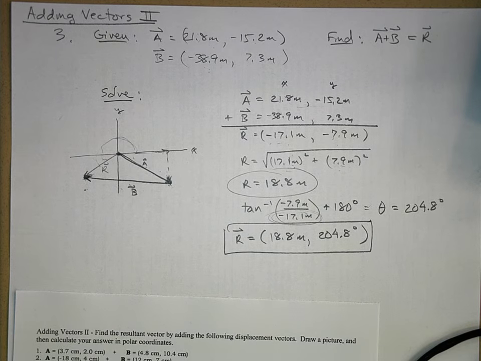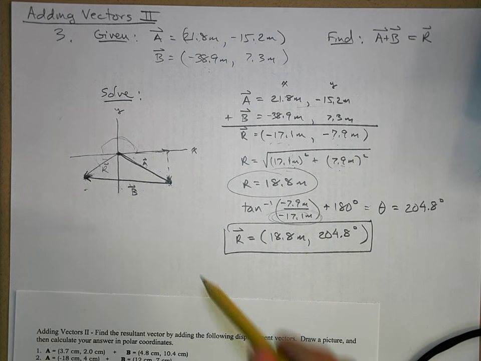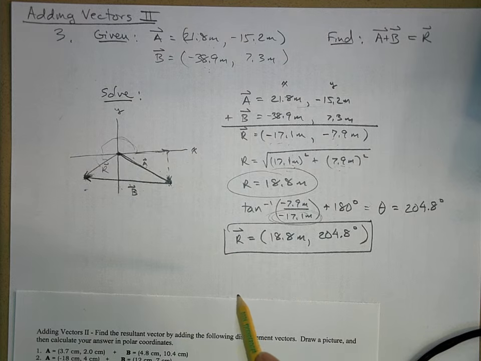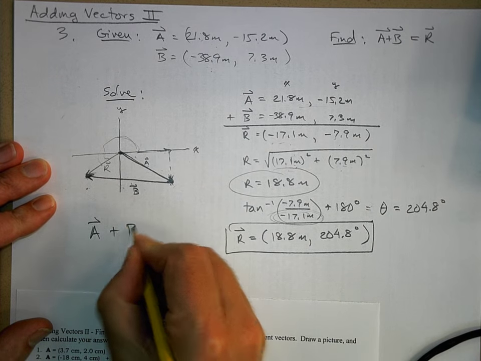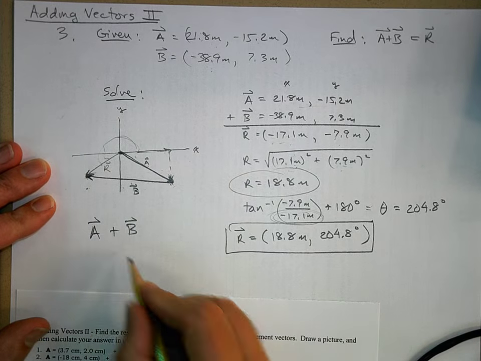Okay. Any questions? Yes? When you're drawing a sketch, why don't you start vector B at the origin? Okay, so the question is, why don't I put vector B at the origin? Because of the addition operator. When you go vector A plus B, what is this plus sign telling you to do?